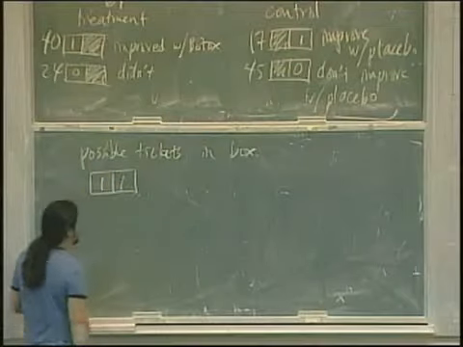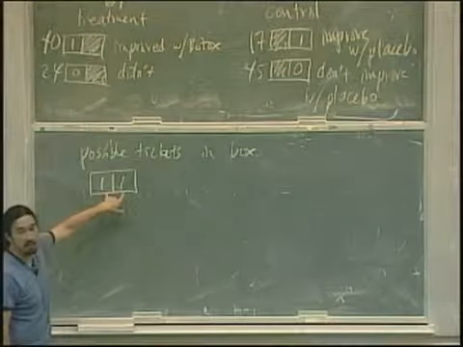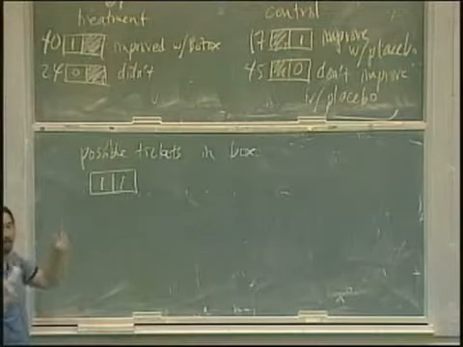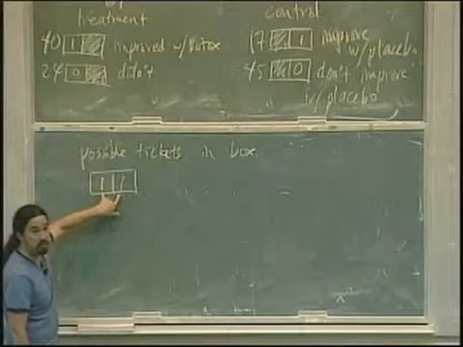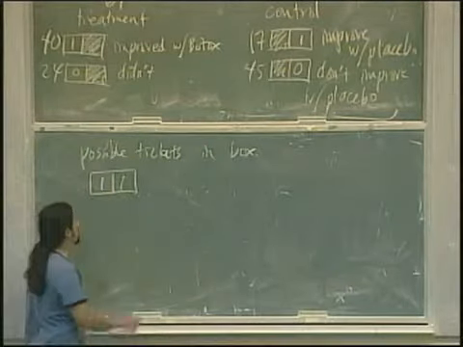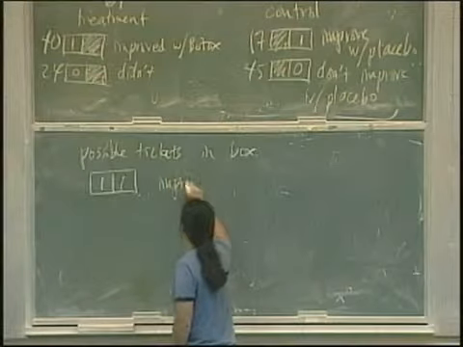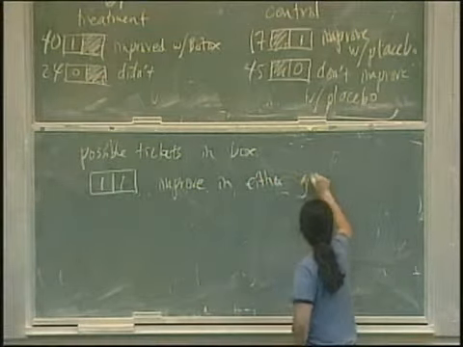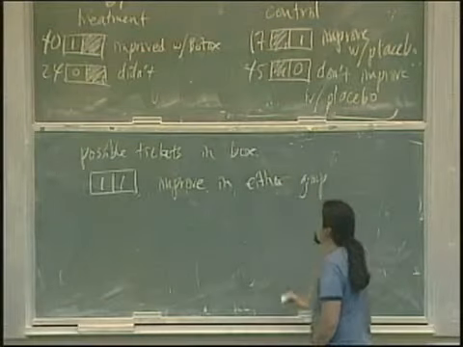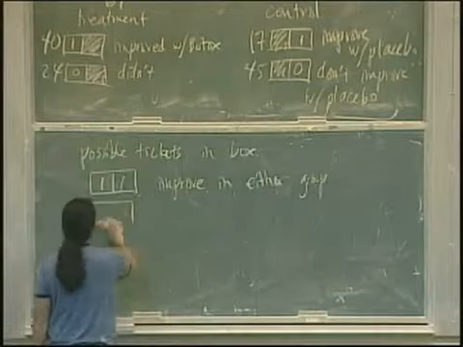So I have some tickets that look like this. Now, again, we don't ever get to see both sides of the tickets, so I'm speaking purely hypothetically about what this ticket means about this person. This would represent a person that would improve no matter what. It doesn't matter what you inject that person with, that person is going to improve.